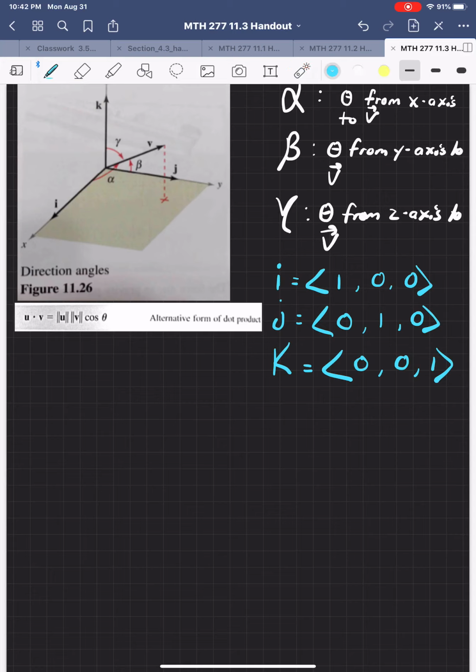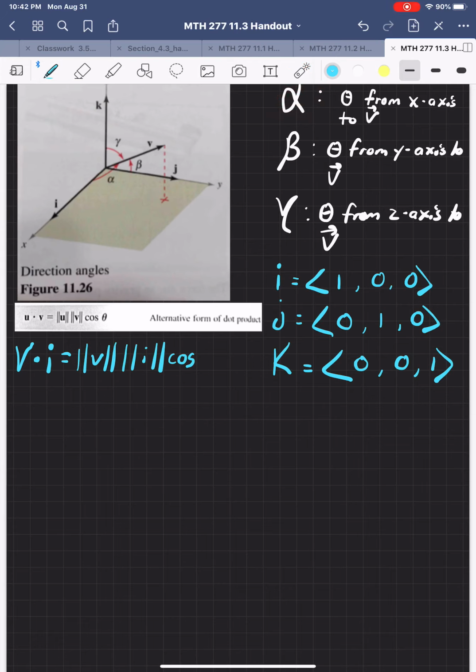Let's just assume that I were to substitute, and I would now have v dot i. So instead of vector u, we'll have this vector i. And that would now be defined as the magnitude of v times the magnitude of i, multiplied by the cosine of the angle. We are told that the angle between i and the vector is what we're going to refer to as alpha.